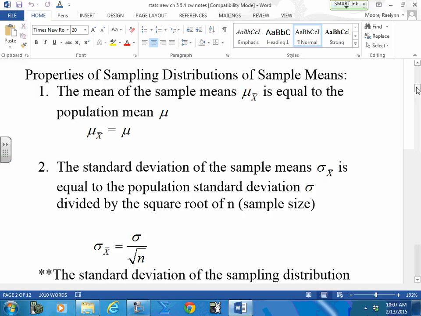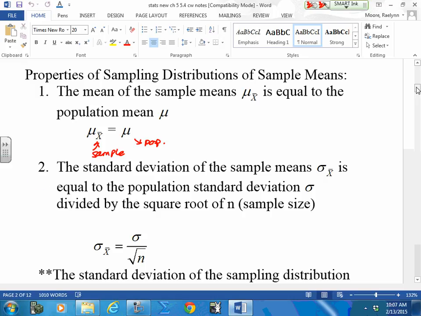But ultimately, the mean of your samples will be equal to the mean from your population. We'll see that happen. And it doesn't always happen with each sample, it happens over time. Kind of like the theoretical type probability, you have to do it enough times for it to be theoretical. Otherwise, it's empirical until you reach your theoretical.